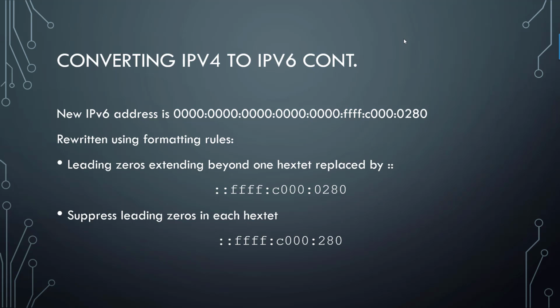And so we got all the hextet preceding zeros reduced down to 2 colons followed by FFFF and the representation of our IPv4 address. And then we can go one further and suppress the leading zero in the last hextet and just write 280. All right.